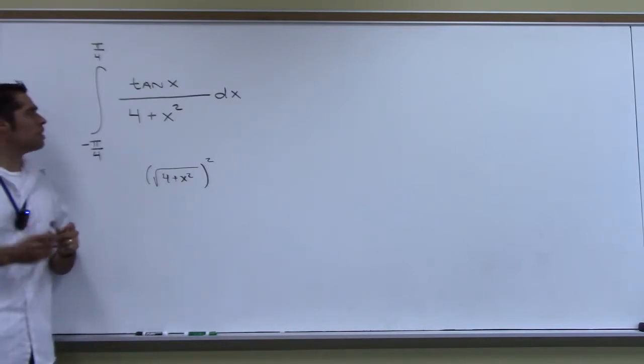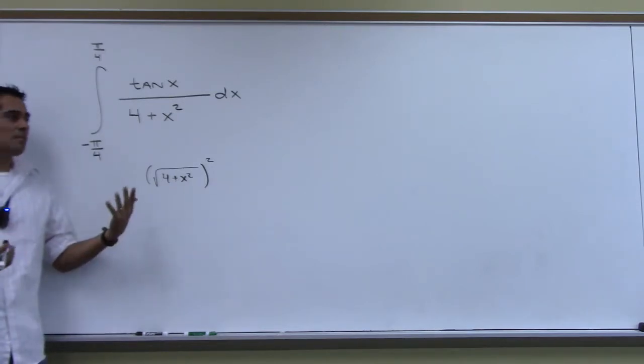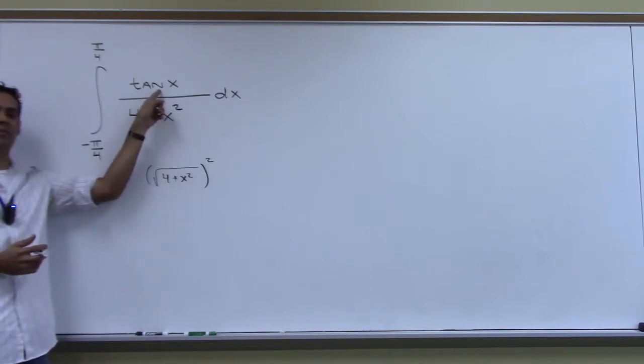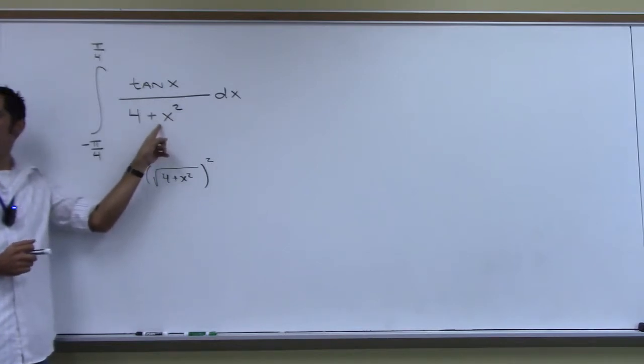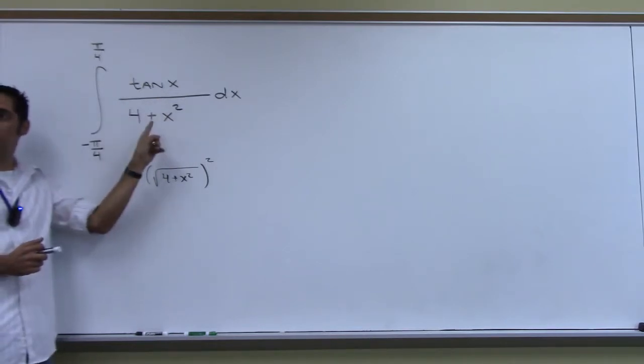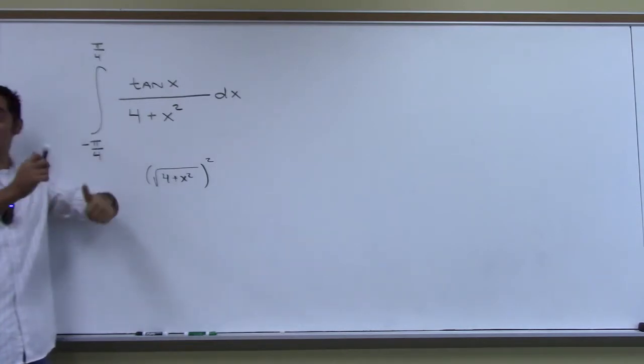And then what was the other one? Integration by parts. What would you choose for u? What would you choose for dv? If you choose that for u, what's the derivative? Secant squared. And then this would have to be your dv, which is 1 over that, which when you integrate would be what? Arctan?